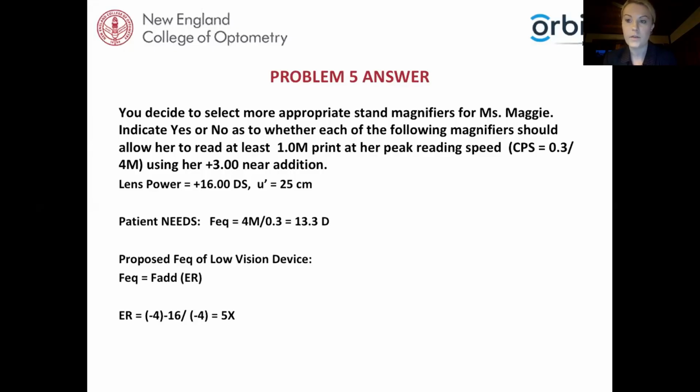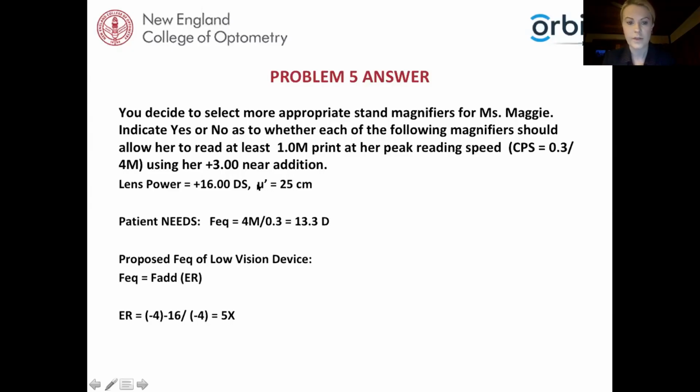To find the equivalent power of a stand magnifier, I need to know my enlargement ratio and a near addition. The patient wants to use her own bifocals with the +3 near addition. I know the lens power, and I know the image distance. These two elements you can commonly verify for any stand magnifier with a very simple optical bench system.